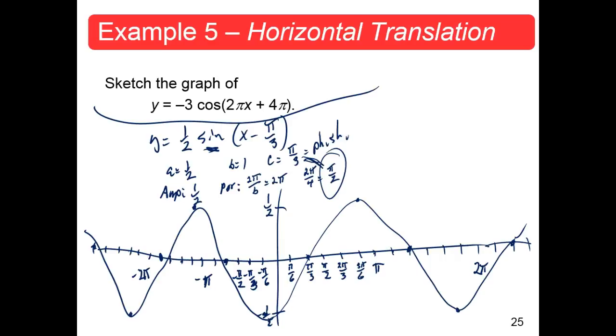Backwards. 1, 2, 3, there. 1, 2, 3, there. It should have come through here. There. And then you fit your curve in.